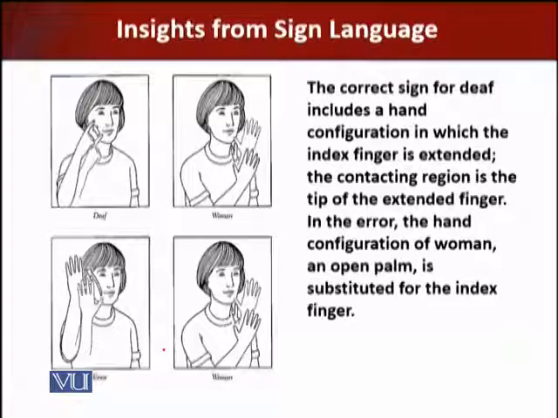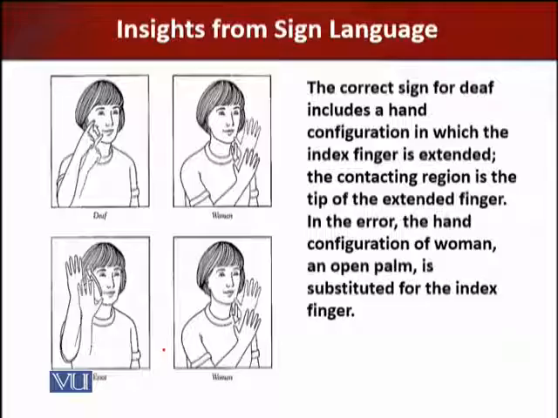The correct sign for deaf includes a hand configuration in which the index finger is extended. The contacting region is the tip of the extended finger. In the error, the hand configuration of woman, an open palm, is substituted for the index finger.